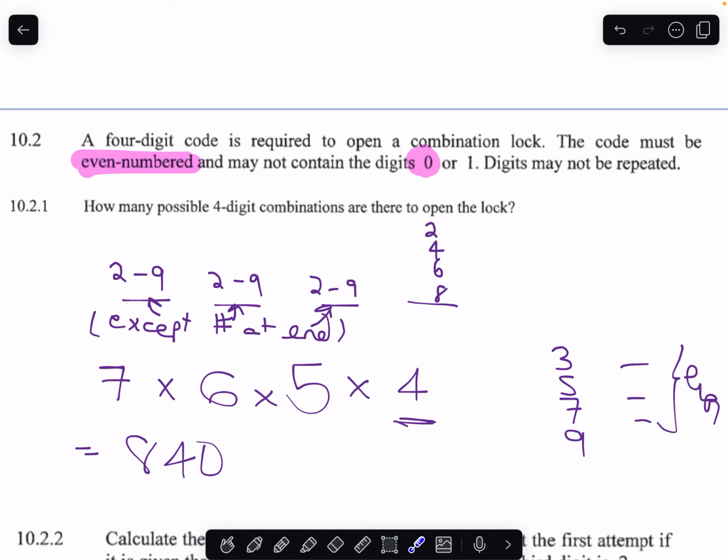What are the chances of me getting it right if I know these conditions? Then I know that there's only 840 possibilities. The assumption would be that I would try one of the 840 possibilities, and the chances of getting it right would be 1 out of 840, because again, there's only one that can be right.